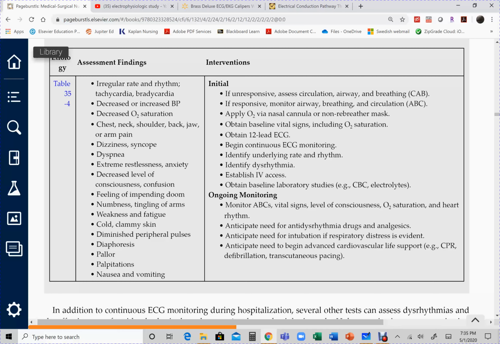It will drop. The severity of the symptoms will just depend on the particular dysrhythmia, because between sinus bradycardia and heart block, of course the heart block has a lower heart rate compared to sinus bradycardia. So the symptoms will be amplified in a heart block, especially in second degree and third degree heart blocks. First degree heart blocks, the patients hardly have any symptoms.